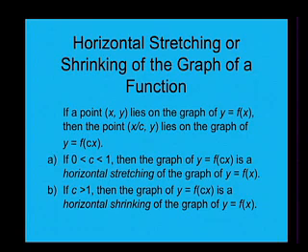If c is between 0 and 1, then the graph of y equals f of c times x is a horizontal stretching of the graph of y equals f of x. If c is bigger than 1, then the graph of y equals f of c times x is a horizontal shrinking of the graph of y equals f of x.